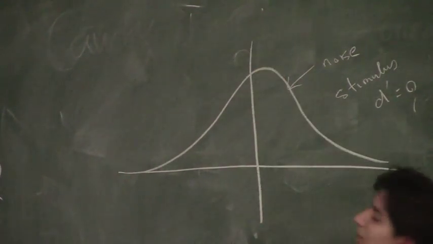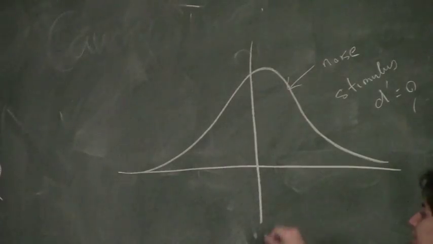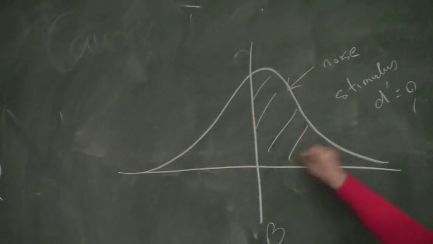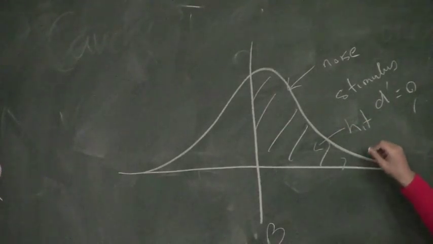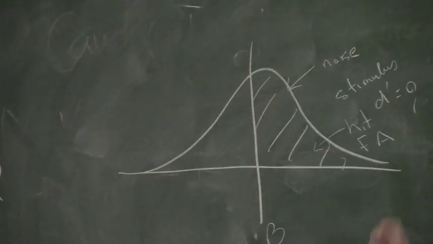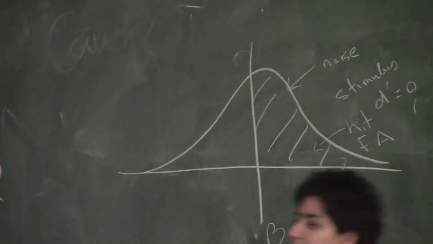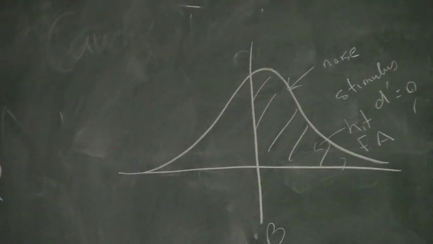So for whatever value of beta I choose, this area is going to be both my hit area and my false alarm area, right? So my hit and false alarm values are always going to be identical if my D prime is 0. Hence, I get this straight line, right?